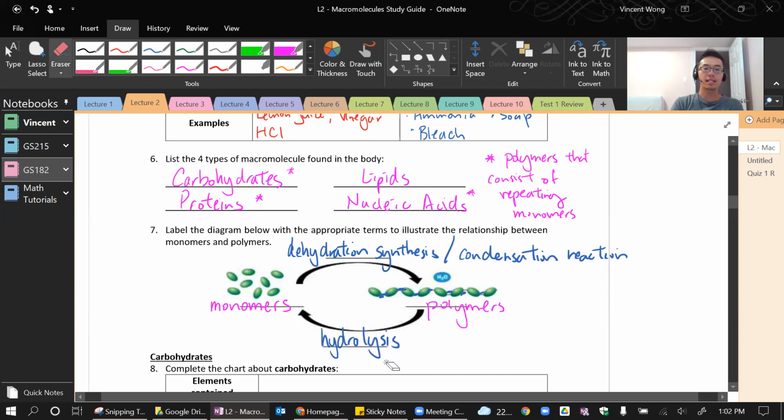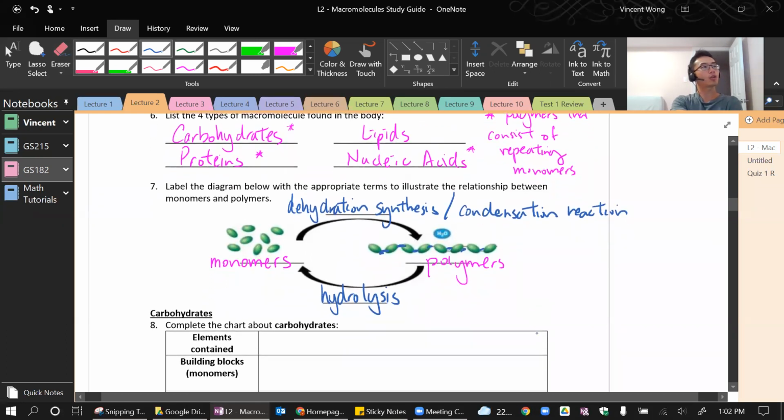Lysis means to break, hydro means water. So you're breaking the bond with water. To join monomers, you have to remove a water, and to break polymers, you have to add a water.